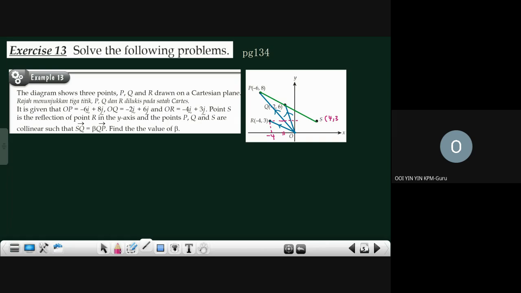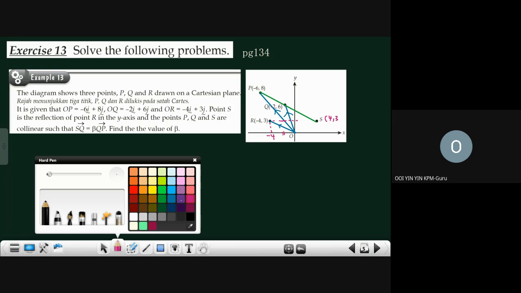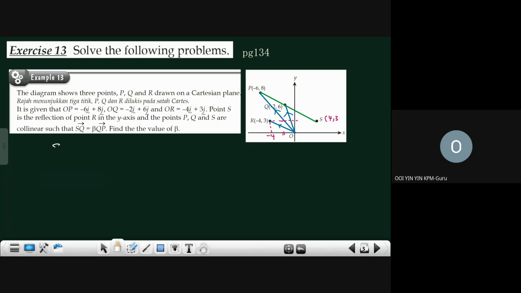That means we can write it like this: your SQ equals beta QB, right? You can write it in ratio form.